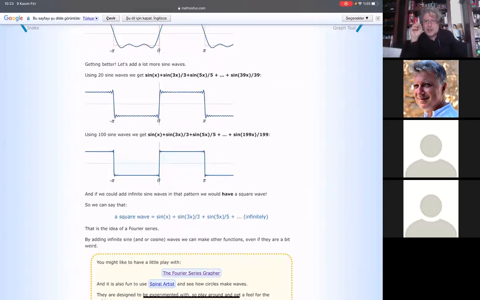There are some small ripples or spikes. Those spikes never vanish. They become smaller and narrower, but their height is still visible. That visibility of the spike at 0, at pi, etc., those spikes are called the Gibbs phenomenon. And they have some finite height, but their width will go to 0.